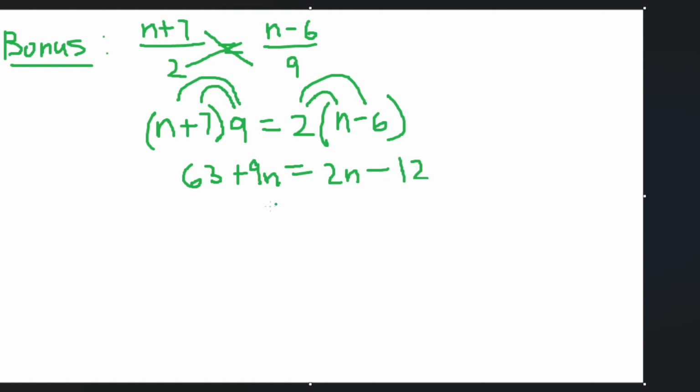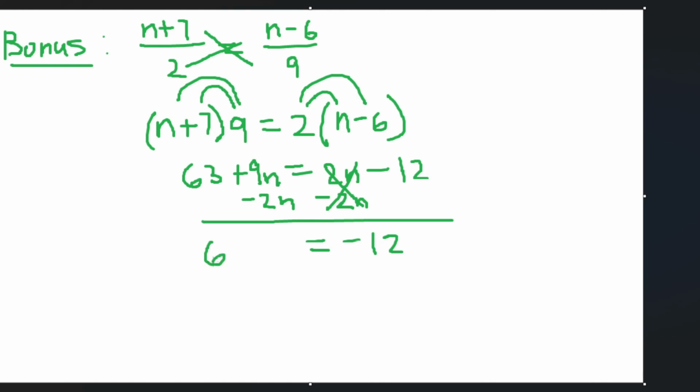So now we have to get n by itself. You could either subtract 9n on both sides or subtract 2n on both sides. In this case, I'm going to subtract 2n. It gets rid of the 2n from the right side, and you're left with negative 12. And then you bring down the 63. 9n minus 2n is a positive 7n.